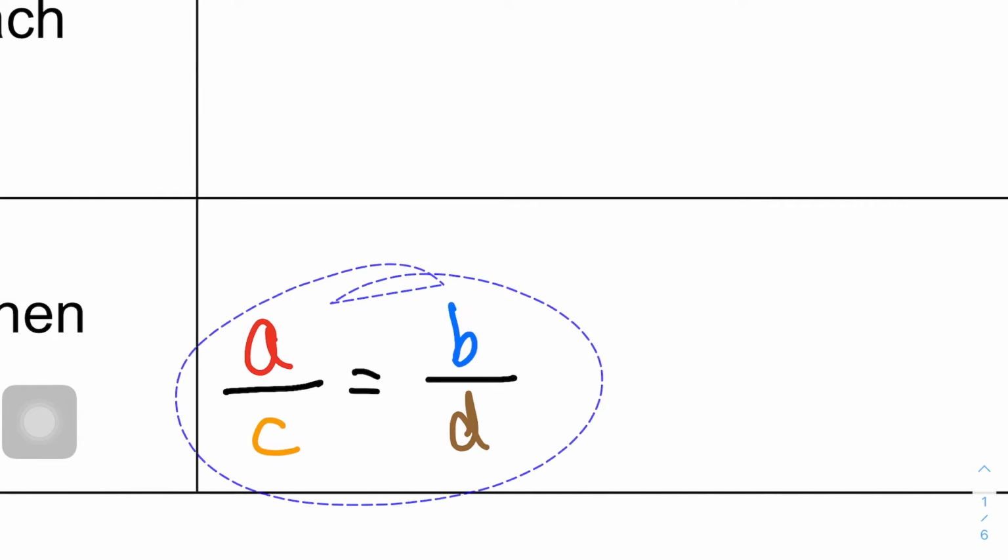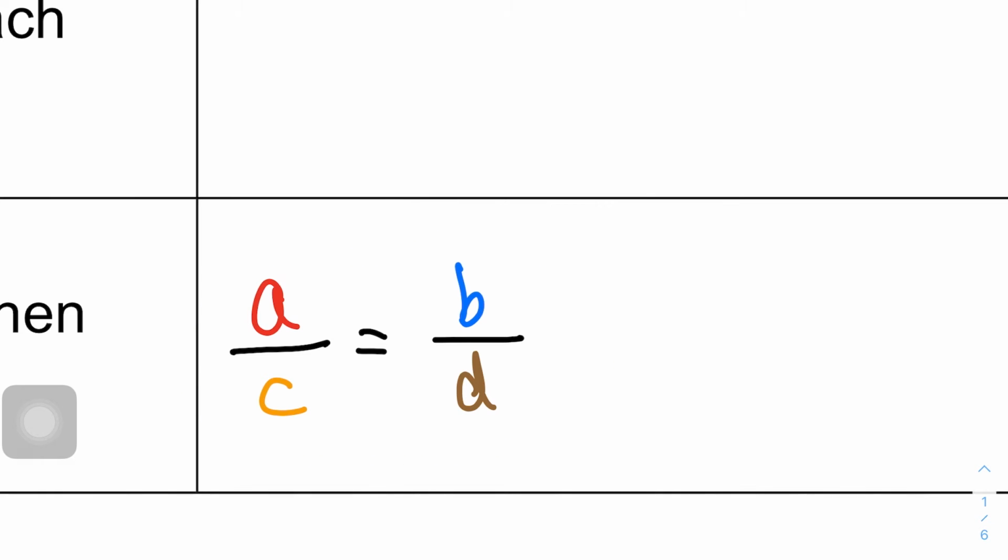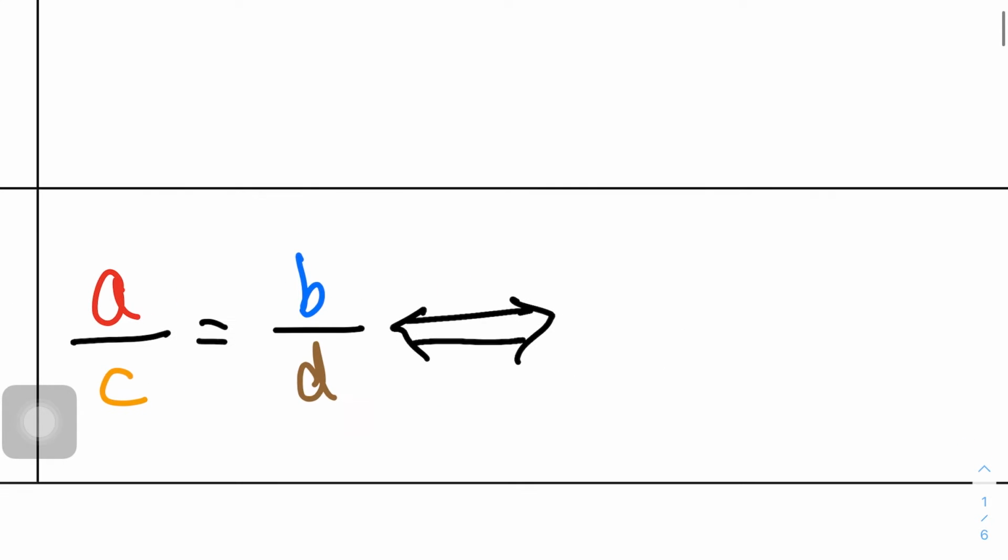So if we have two ratios equal to each other, then this equation can be rewritten. And it works both ways.